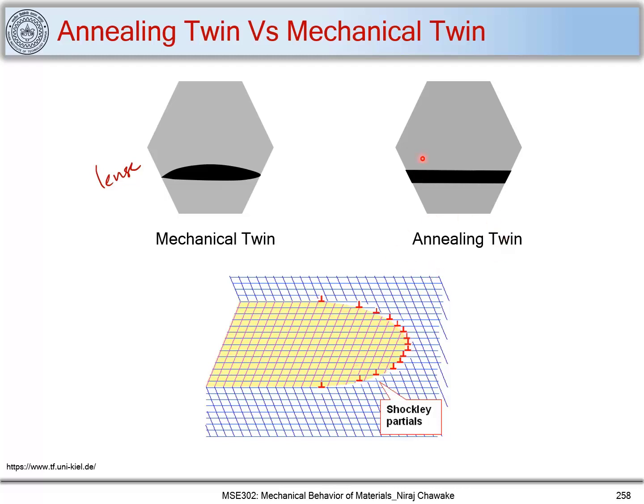While in annealing twins, that is just another orientation, just an orientation change. It doesn't form because of the movement of atomic layers above each other. This is just formed because the interface attains a lower energy while annealing, and this can be considered as just an orientation change, and that is why they have lower interfacial energy as compared to mechanical twins. So mechanical twins will be associated with an elastic strain energy, while these twins don't have that high strain energy associated with them.